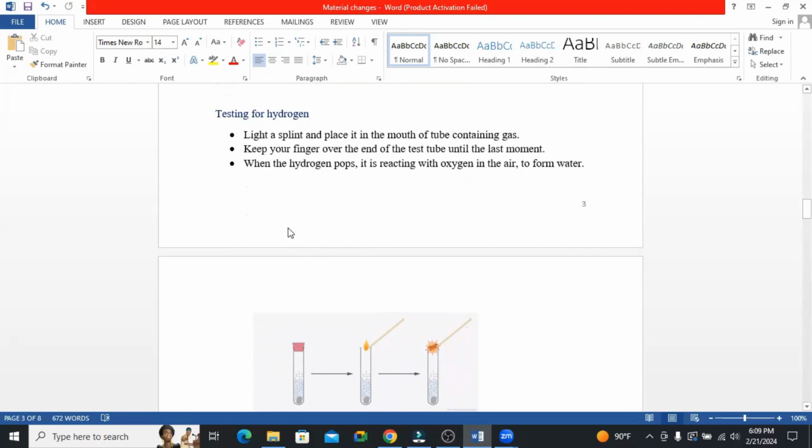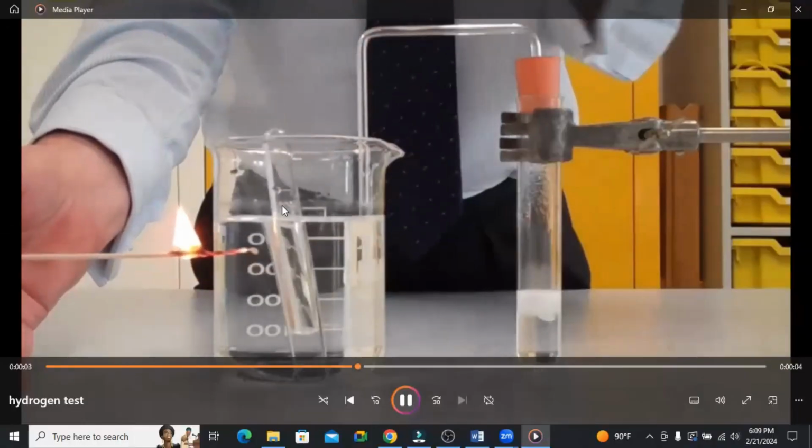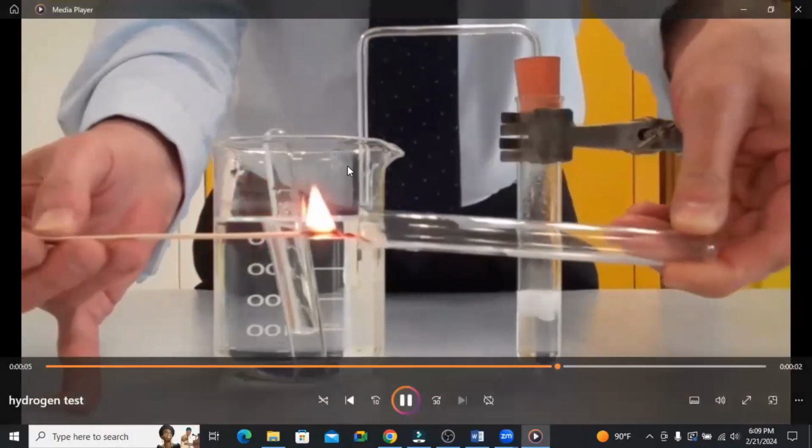When the hydrogen pops, it is reacting with oxygen in the air to form water. That means if we can hear a pop sound in this reaction, we can tell that this gas is hydrogen gas. Here in the video, you can see hydrogen gas giving that pop sound.